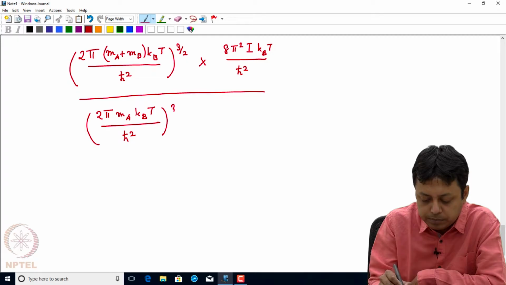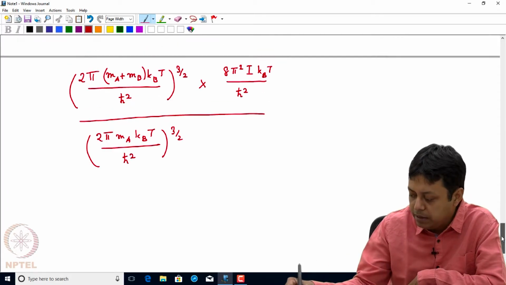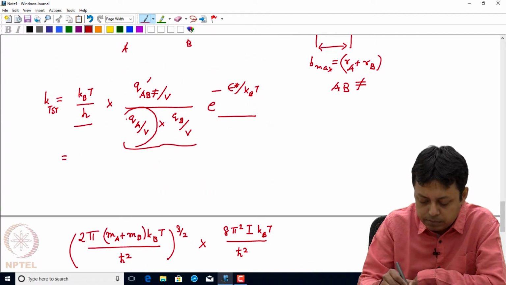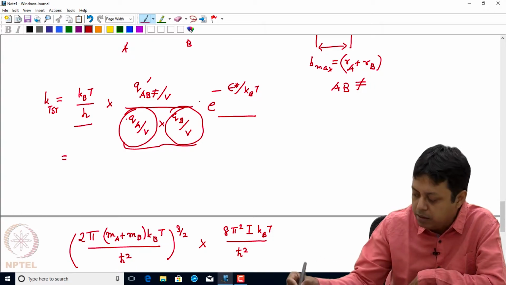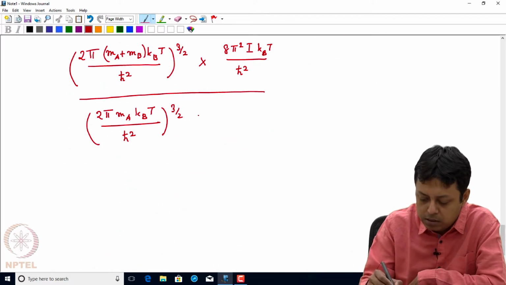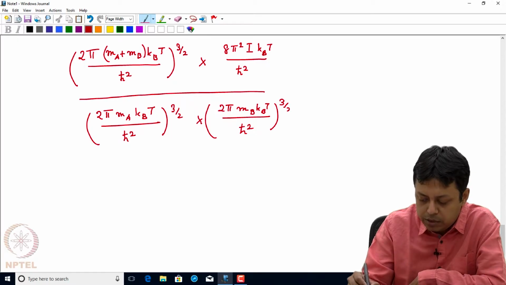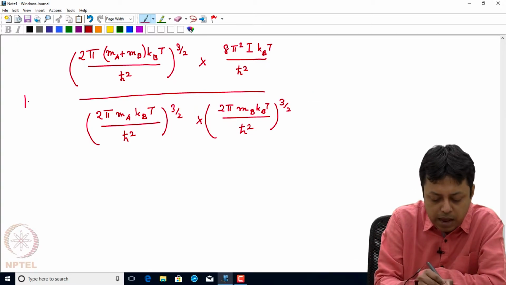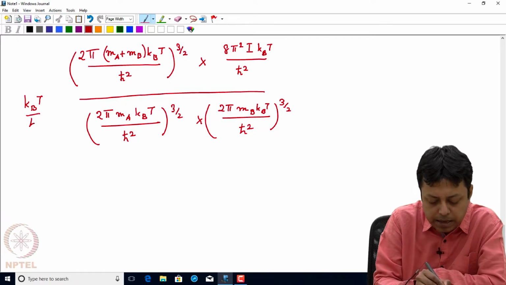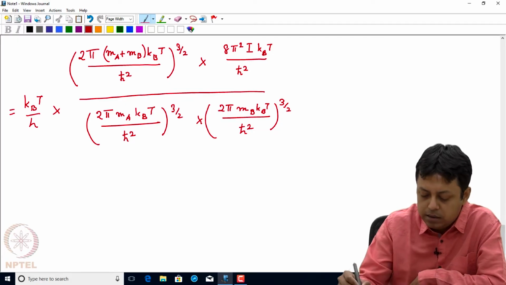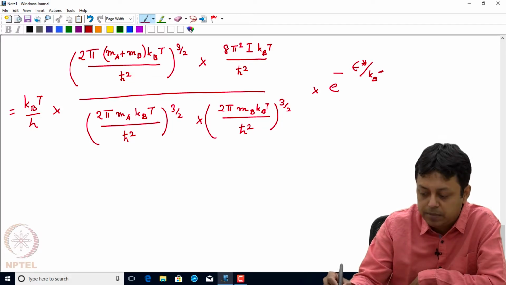This is for QA by V, which we wrote here, and similarly for QB by V we can write a similar expression, (2 pi mB kBT divided by h bar squared) raised to the power 3 by 2, times kBT by h, and times e to the power minus E star by kBT.